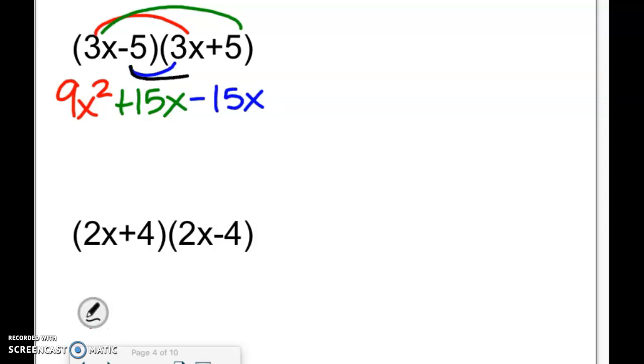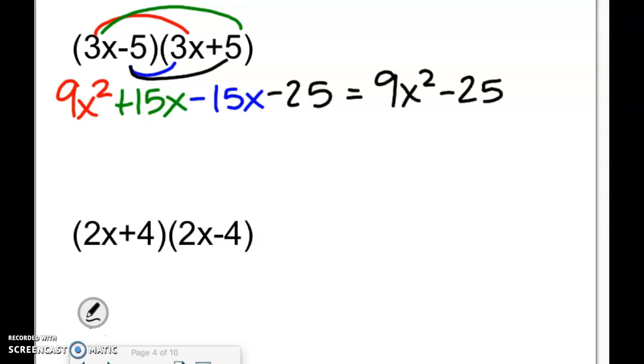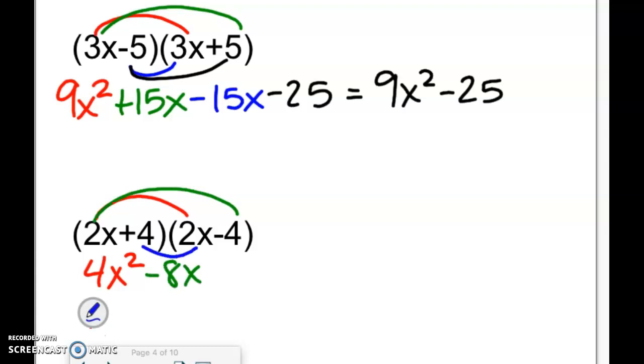And my last, subtract 25. Some of you might be able to just say, well, I see that that's going to be 9x squared subtract 25. But for the sake of going through it, make sure that you're not missing anything. 4x squared, outside is 8x. Inside is plus 8x. And again, those are going to cancel out. My last is subtract 16.